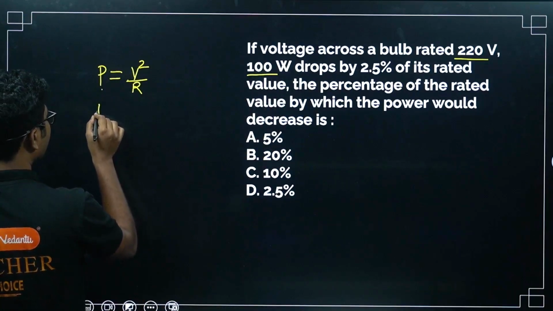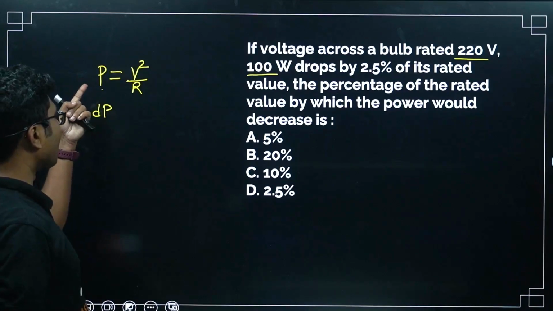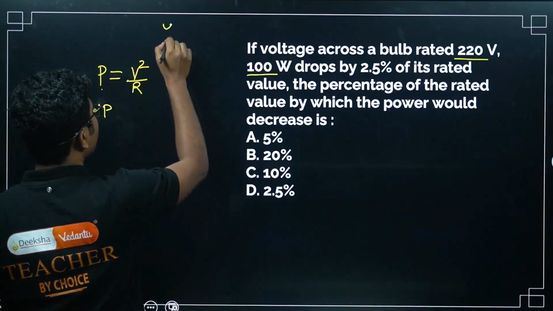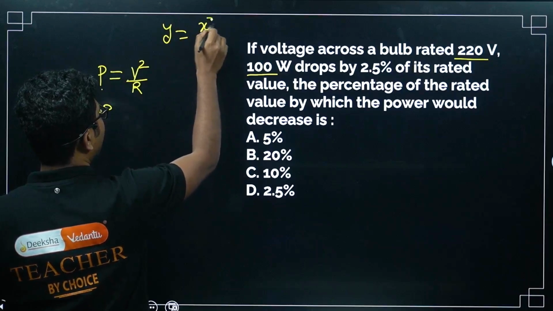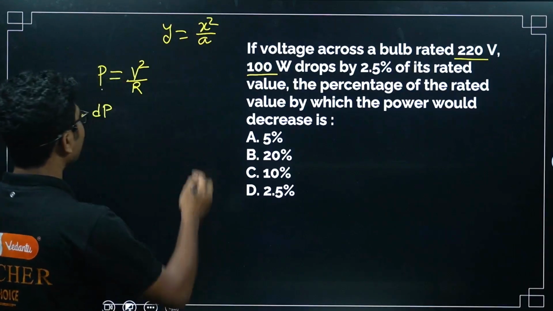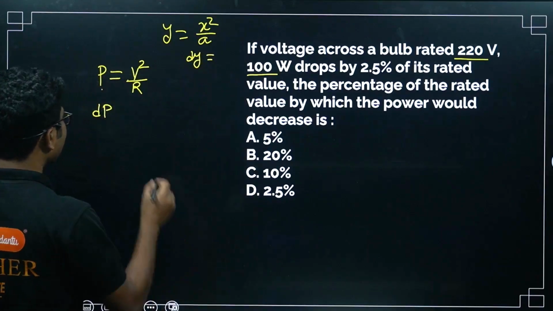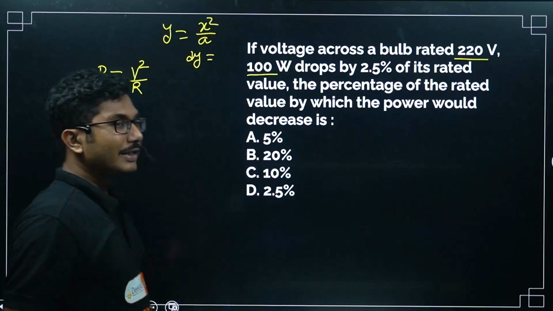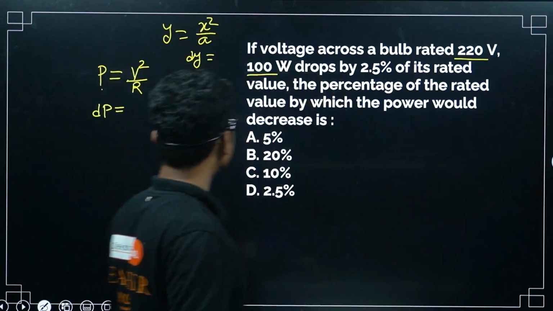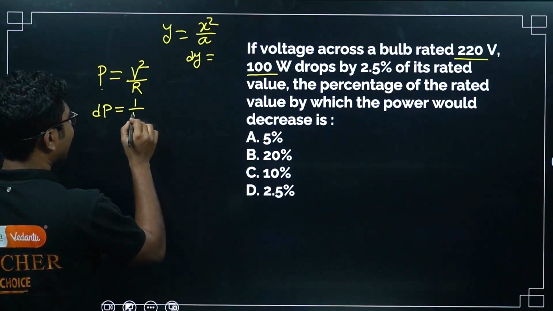So first we will find dP. Suppose this is y. So imagine this equation is y is equal to x square by a, the same as that. A is constant and we are trying to find dy. So what will be the value? Don't think physics calculus is different from mathematics. The only thing is the names are different.